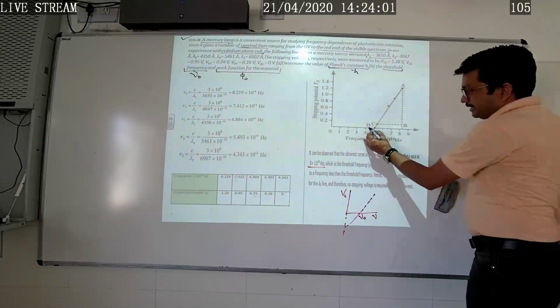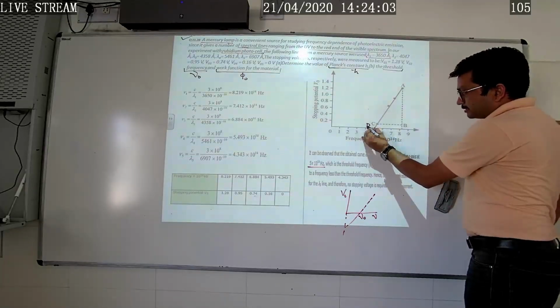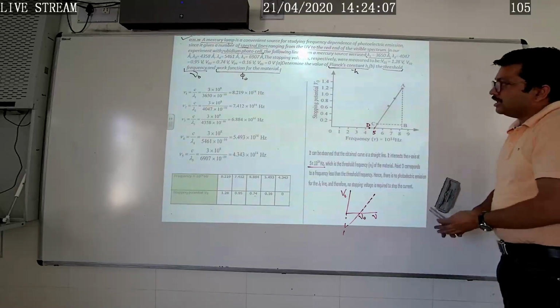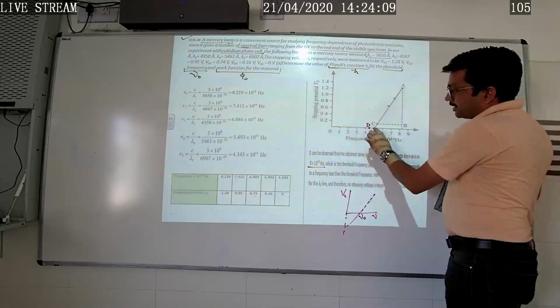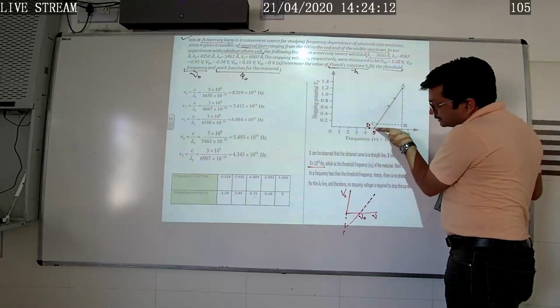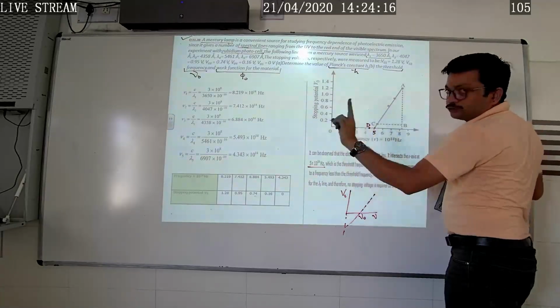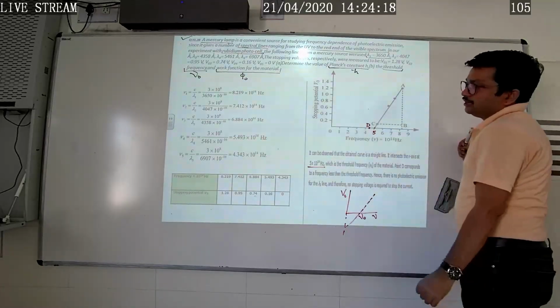Further, this point D corresponds to a frequency lesser than the threshold frequency. So all the spectral lines whose frequency is lesser than 5 into 10 to the power 14 hertz will not show the photoelectric effect.